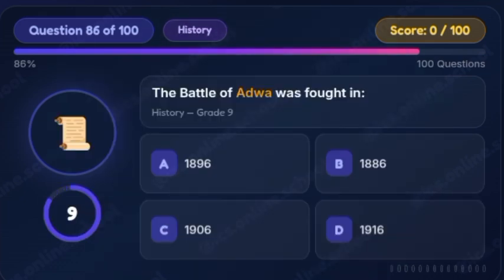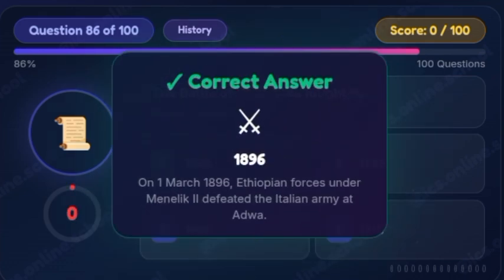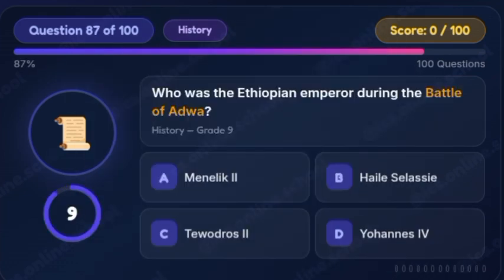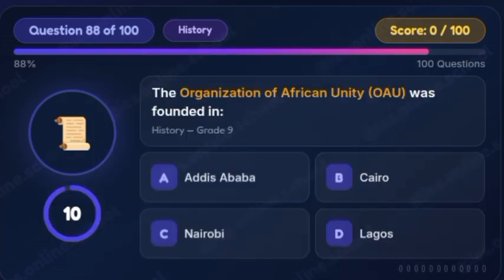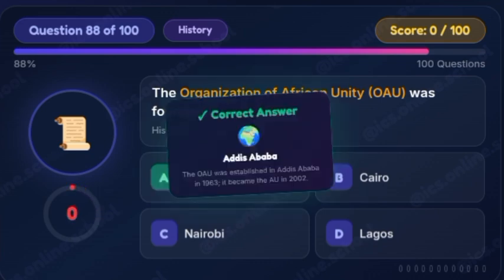The Battle of Adwa was fought in which year? 1896. Who was the Ethiopian emperor during the Battle of Adwa? Menelik II. The Organization of African Unity was founded in Addis Ababa.